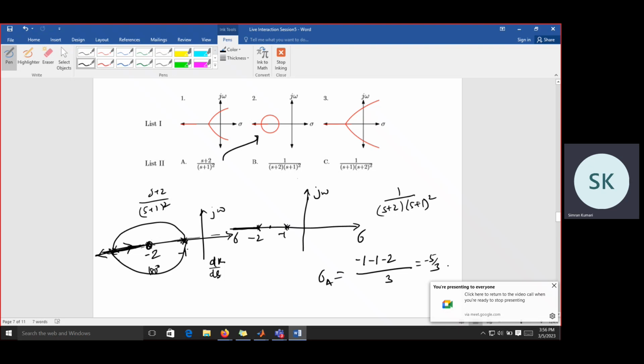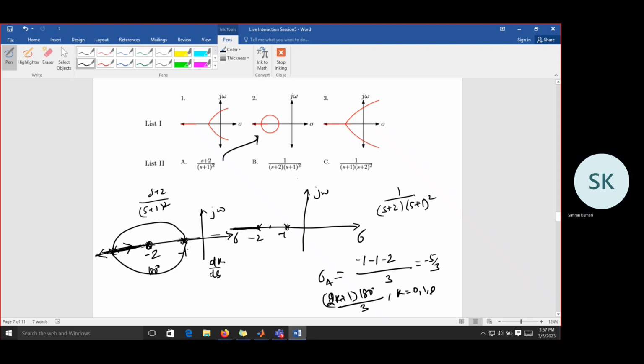Fine. So we have got the centroid and we have to find the asymptotic angle. So we'll say this is (2k plus 1) times 180 by 3. And this k goes from 0, 1, 2. Okay.